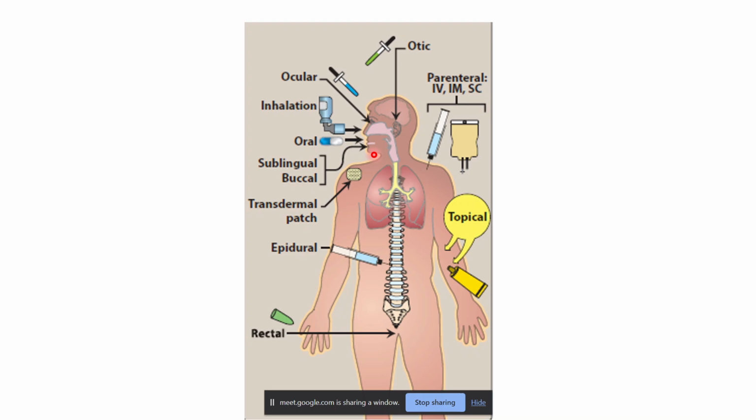Sublingual and buccal ways are also very fast ways, for example nitroglycerin is administered sublingually and can start its effect in about 1 minute after administration, because this absorption is done through the capillaries of the mouth, and small molecules like nitroglycerin can easily penetrate through this mucosa to the capillaries under the tongue.